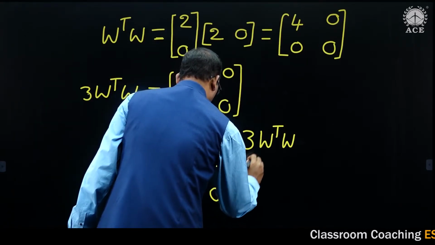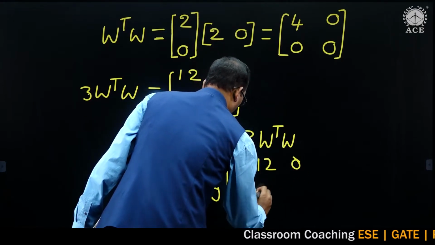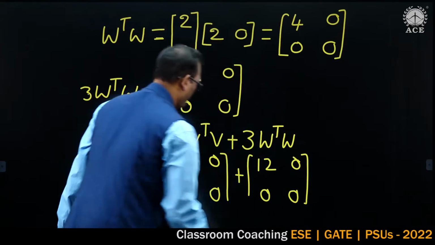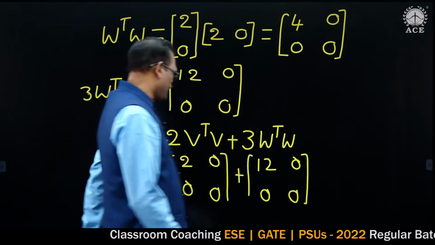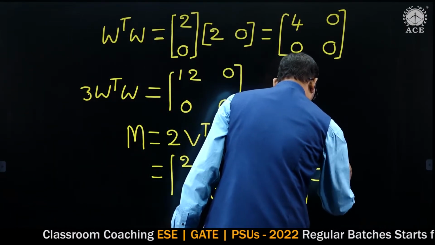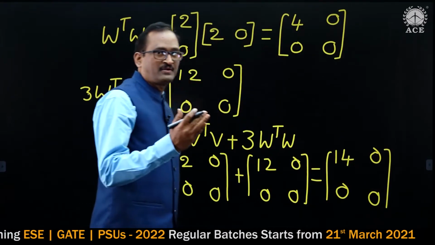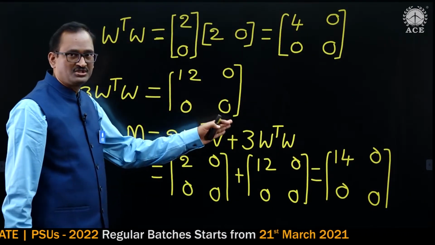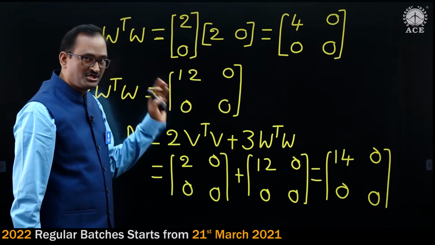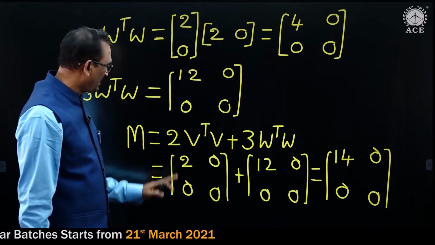Second matrix is 12, 0, 0, 0. Adding these two matrices, we get the result. Rank of a matrix is equal to the number of non-zero rows. We have only one non-zero row, therefore the rank of the matrix M is 1.